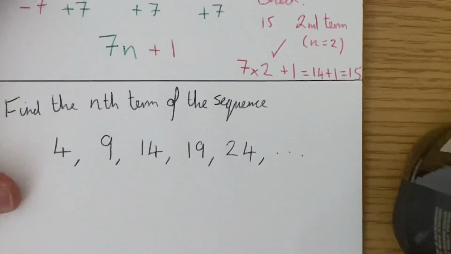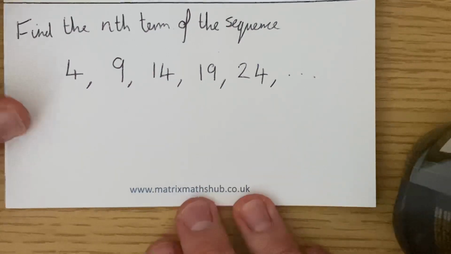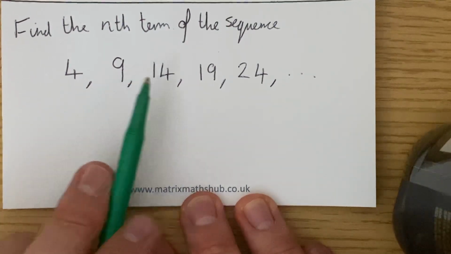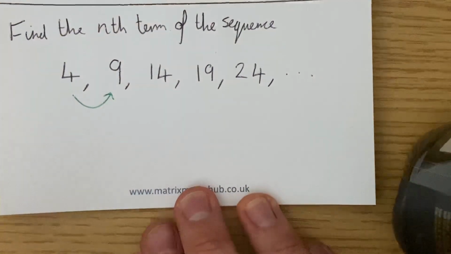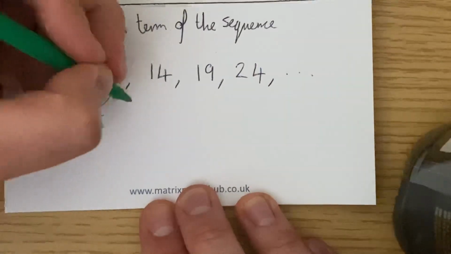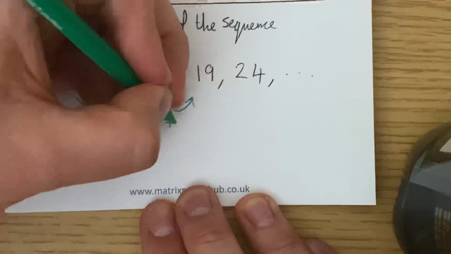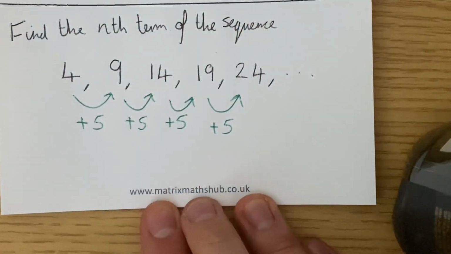Let's look at one more example then, finding the nth term of this sequence this time. Again, we're going to look at what we do to get from 4 to 9, from 9 to 14, and so on. Well, to go from 4 to 9, we add on 5. From 9 to 14, add on 5, and so on, 14 to 19, and 19 to 24.